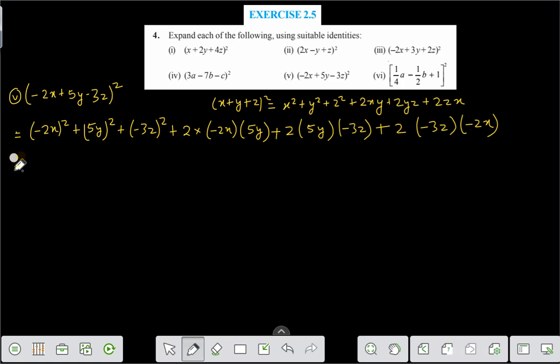Therefore, we are getting the value minus into minus is plus, that is we are getting 4x square plus 5 into 5 is 25y square plus 3 into 3 is 9z square, minus 2 into 2 into 5 is 20xy, minus 5 into 6 is 30, minus 30yz, minus into minus is plus 3 into 2 into 2 is 12zx.